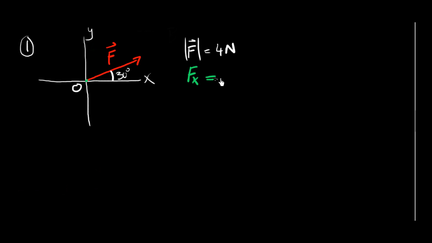So then we could say that Fx is equal to the full vector F times the cos of the angle, which in this case we're going to write the general theta there, and then here we can write the specific case where F is 4 times cos 30. So that would be our Fx, F in the direction of X.